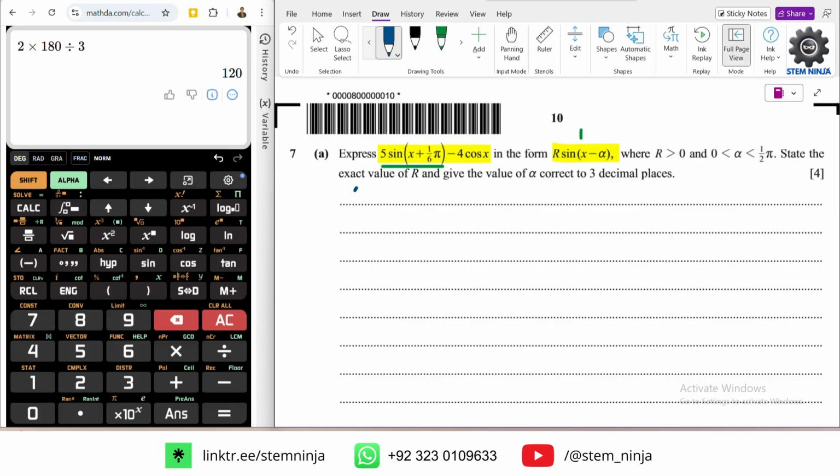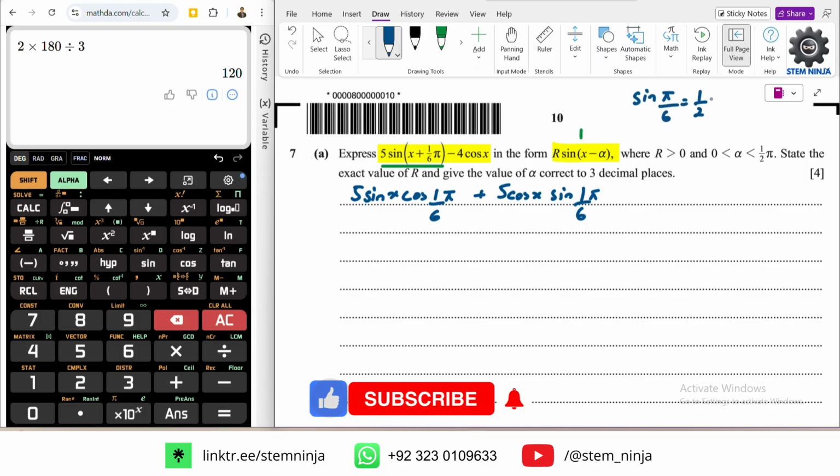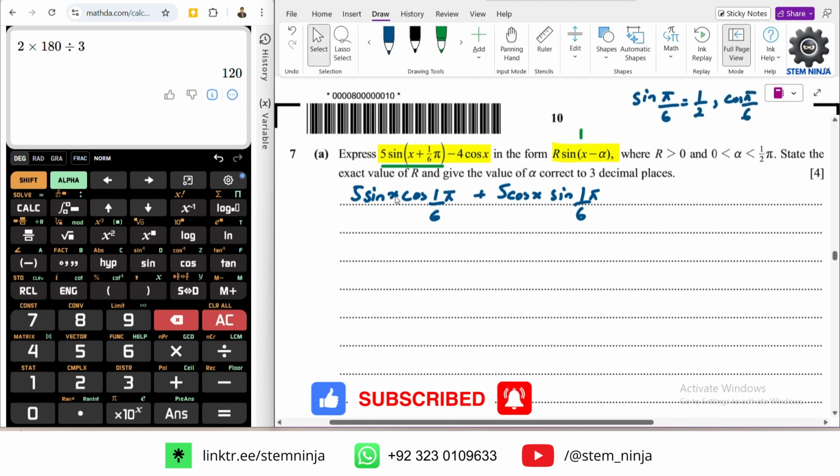So when we expand this, we get 5 sine x cos of pi by 6 plus 5 cos of x sine of pi by 6. Now sine pi by 6 is half, and cos of pi by 6 is root 3 over 2.